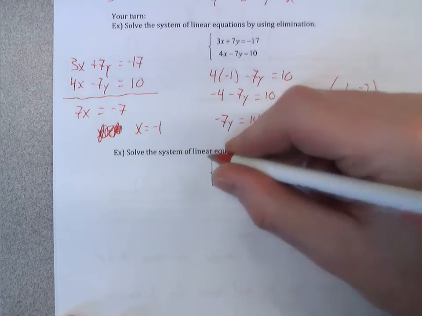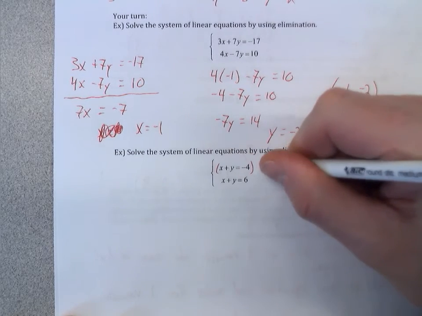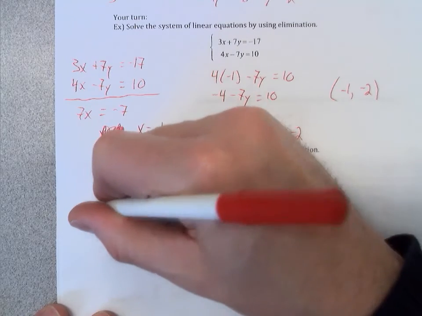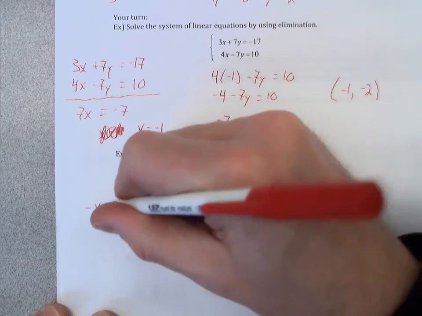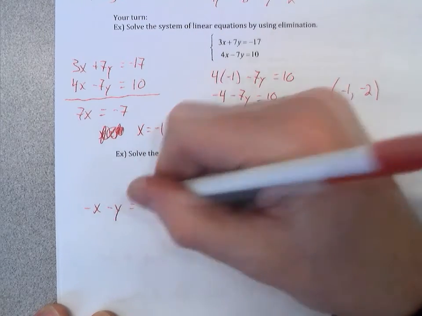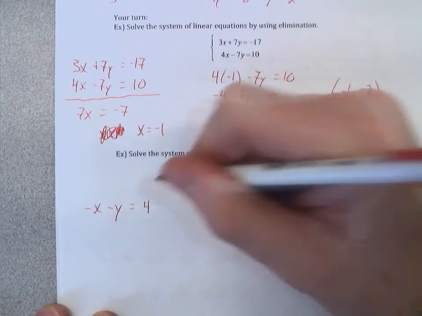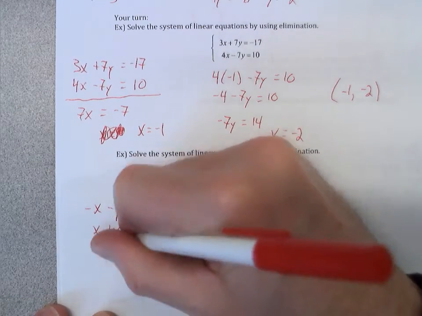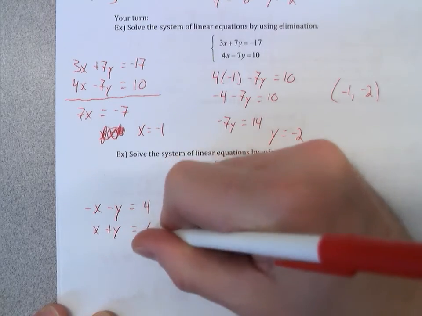So I'm going to take this top equation and I'm going to multiply it by negative 1. By doing that, that's going to give me negative x minus y equals positive 4. And then I've got my x plus y equal to 6.